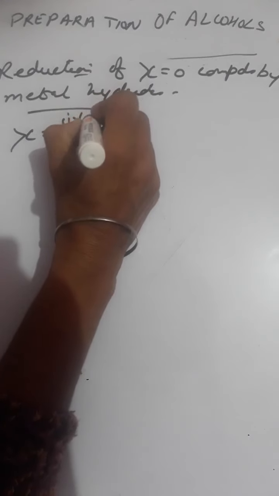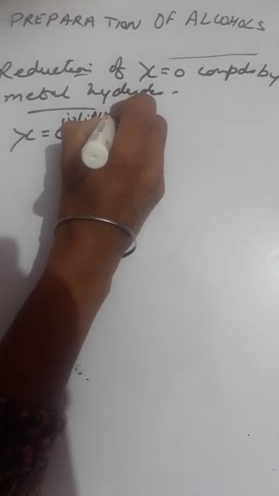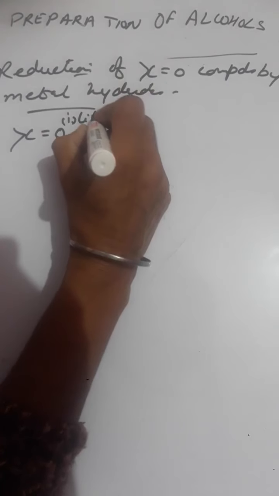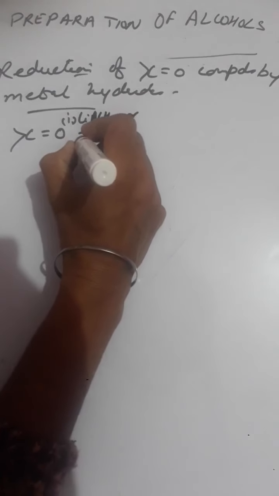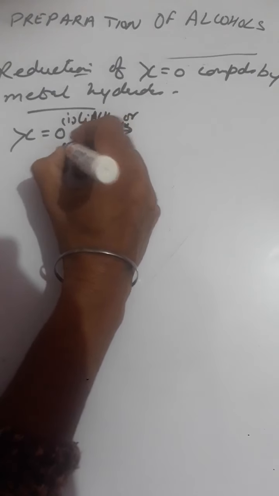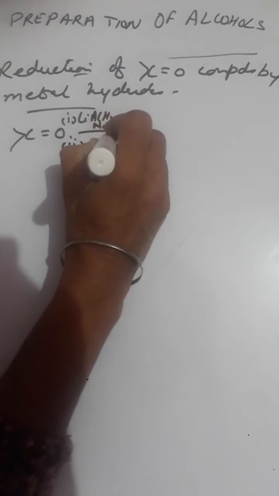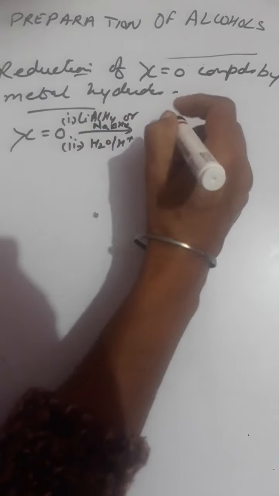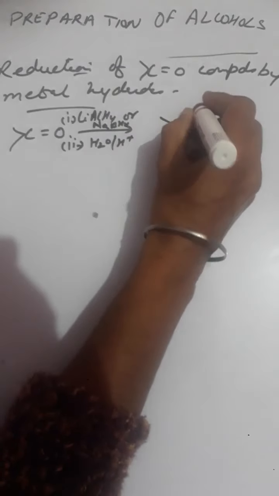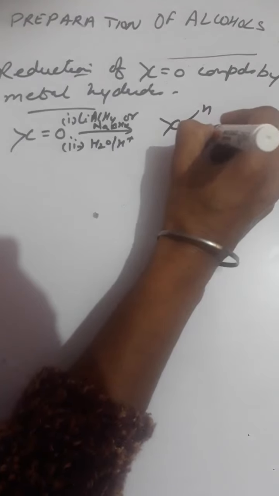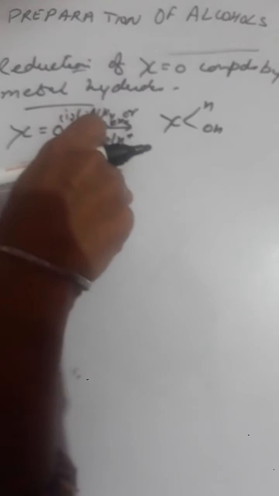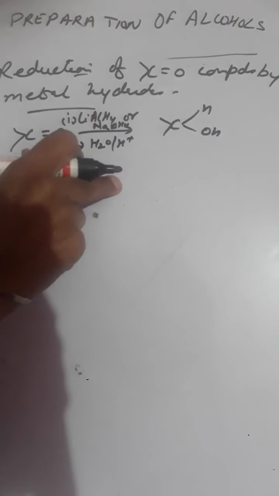We can use lithium aluminum hydride or sodium borohydride, NaBH4. The second step will be the hydrolysis in the presence of the acid. We will get C, H and OH. And now let's see the mechanism of this reaction.